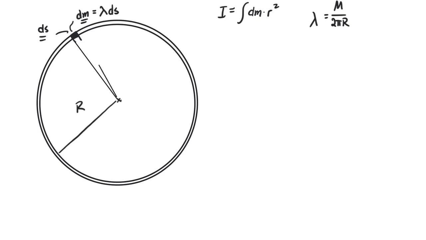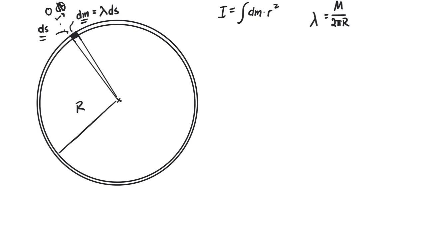And that's what I'd like to do. Let's say that I'm going to start at 0 degrees. I'm going to say that this point right here is 0 degrees, and I'm going out a little bit of angle. I'll say d theta.